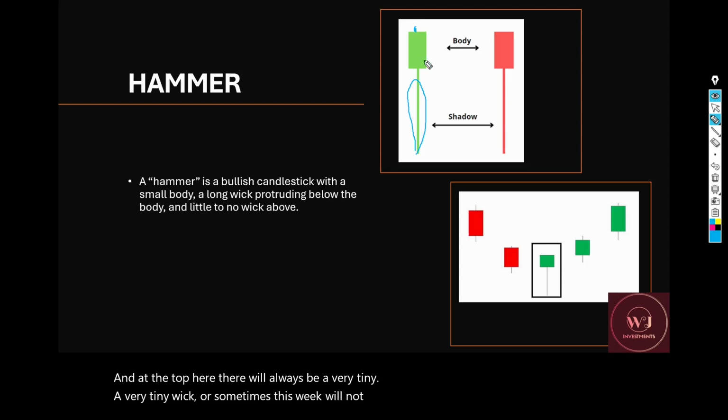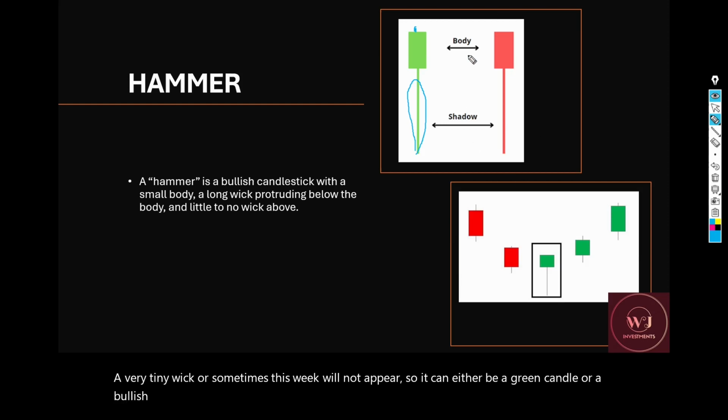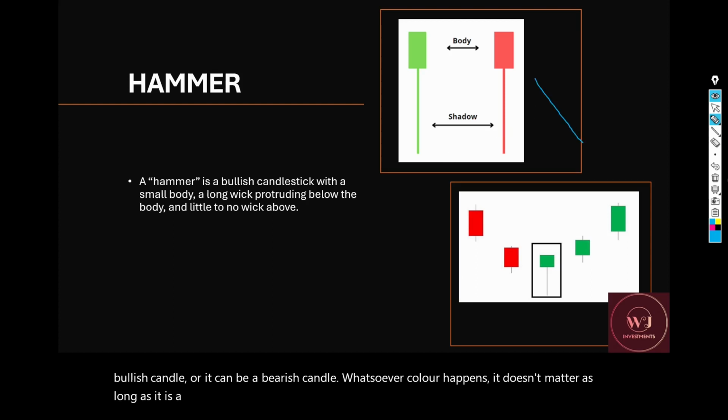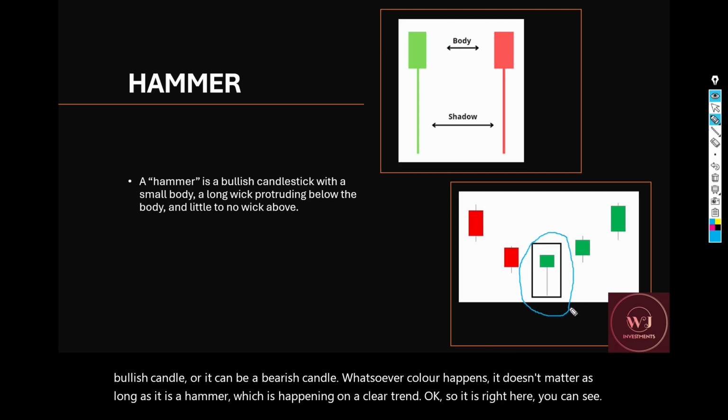It can either be a green, bullish candle, or a bearish candle. Whatever the color, it doesn't matter, as long as it is a hammer happening on a clear trend. Okay, so right here you can see that is the hammer.